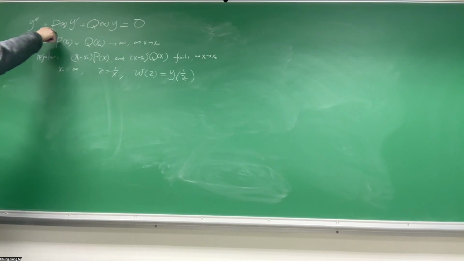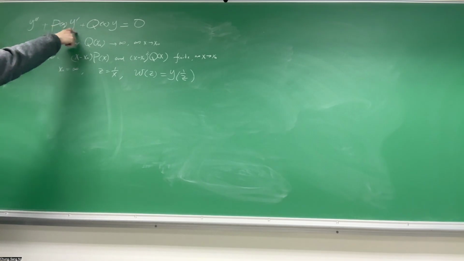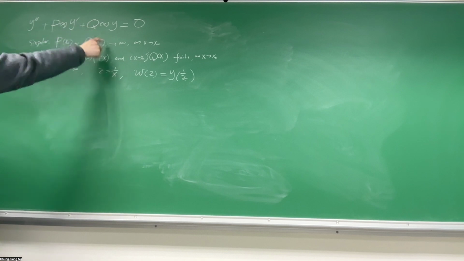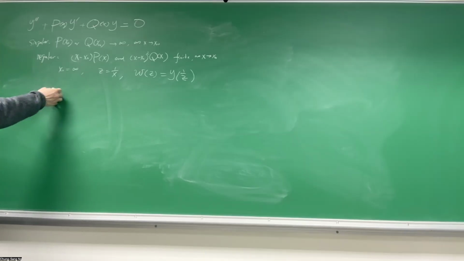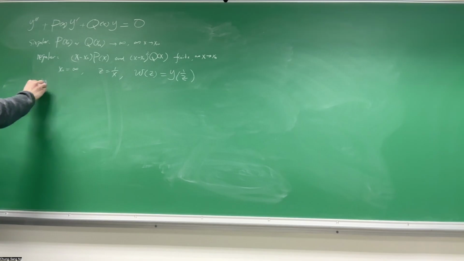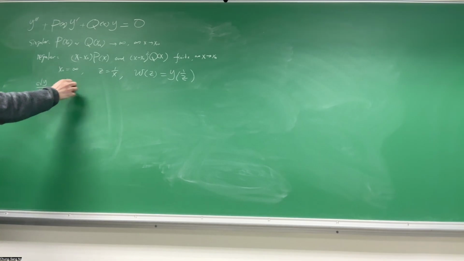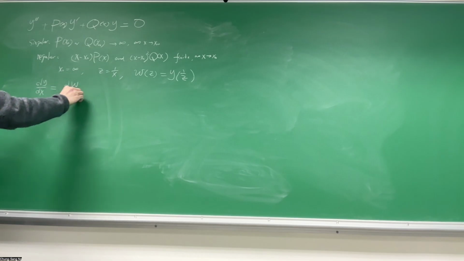So you have a different coefficient in the first derivative term and the linear term, right? So what you need to do is transform the derivative. So the dy dx becomes, change y to w, dw dz, right?